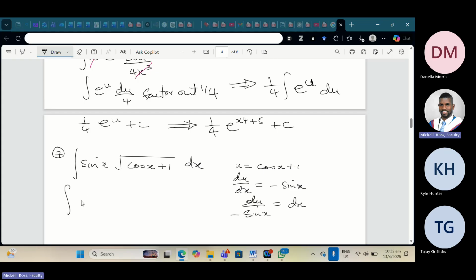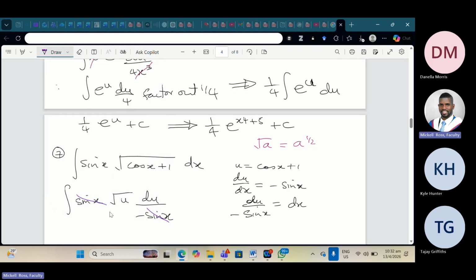So we're going to have the integral of sine x, the root of u, du over negative sine x. I want to bring back your attention to one of the rules of indices. It says that the root of a is equal to a to the half. So keep that in mind.